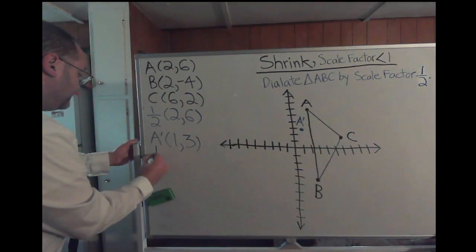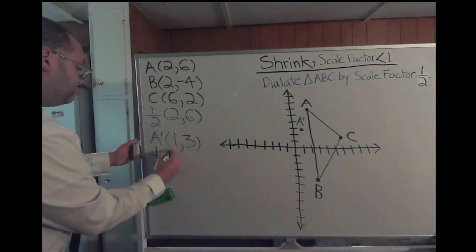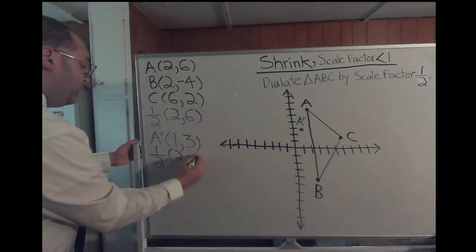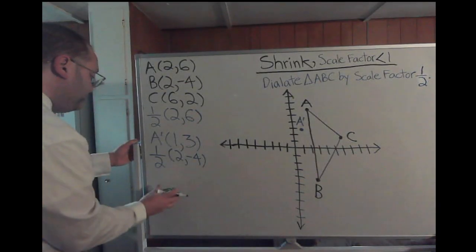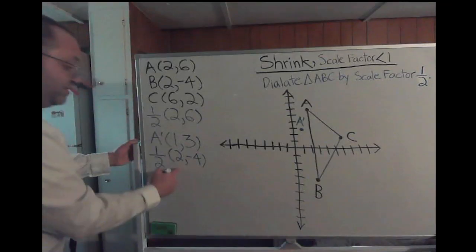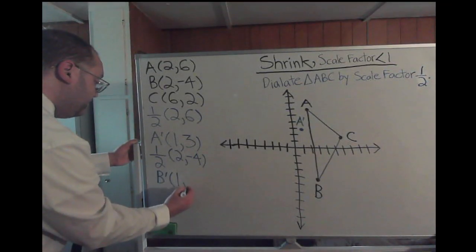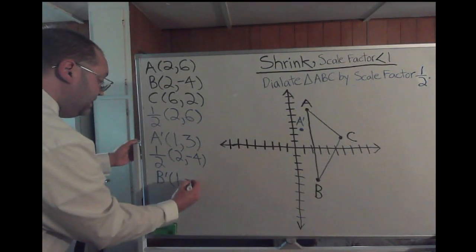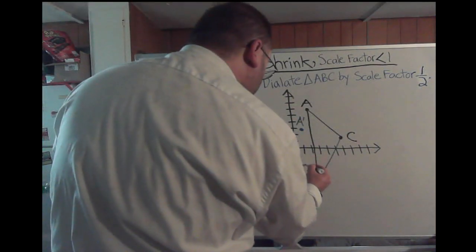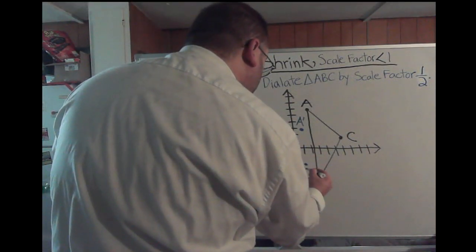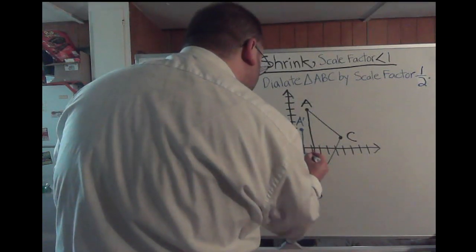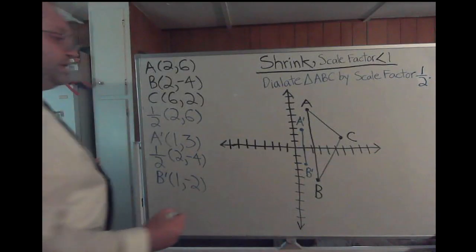So now let's do the same to B. We'll multiply 1/2 by the coordinates 2, -4. So that means B prime for your X coordinate, you're going to have half of 2. Well, that'd be 1. For your Y, half of -4, that'd be -2. So B prime is at 1, -2. There's your B prime. Okay.